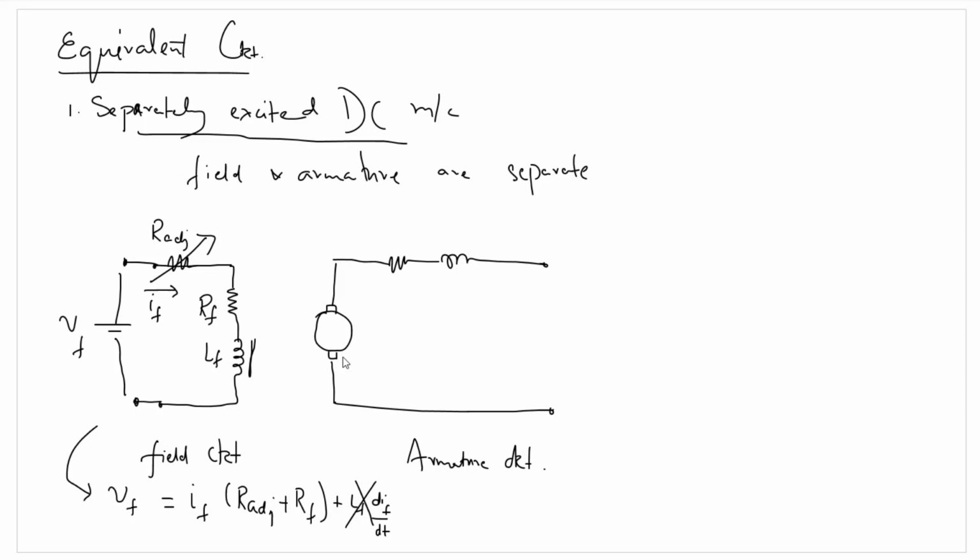Similarly, the armature. Now this field circuit will remain the same for a DC motor as well as for a DC generator. There will be no change in the direction of current as shown. Now, in case the separately excited DC machine is behaving as a generator, that means we will be receiving voltage at this end. In that case, the field windings are inducing voltage EA across the armature.